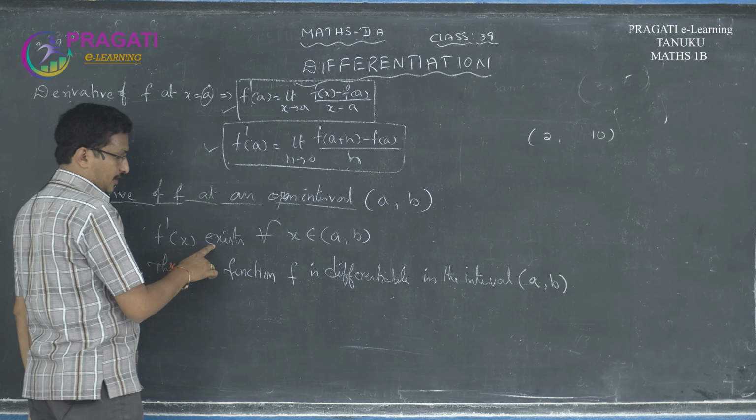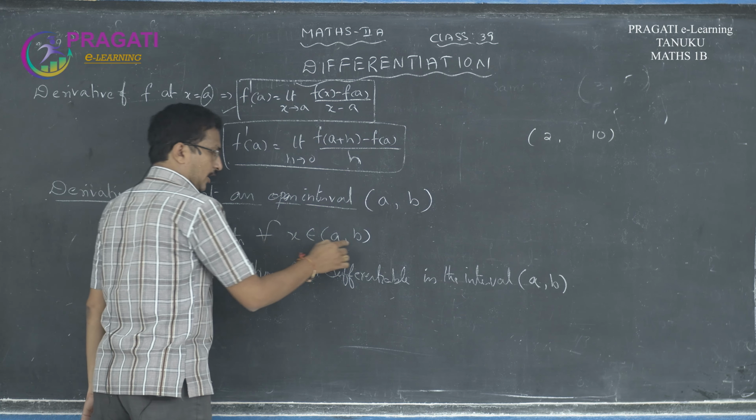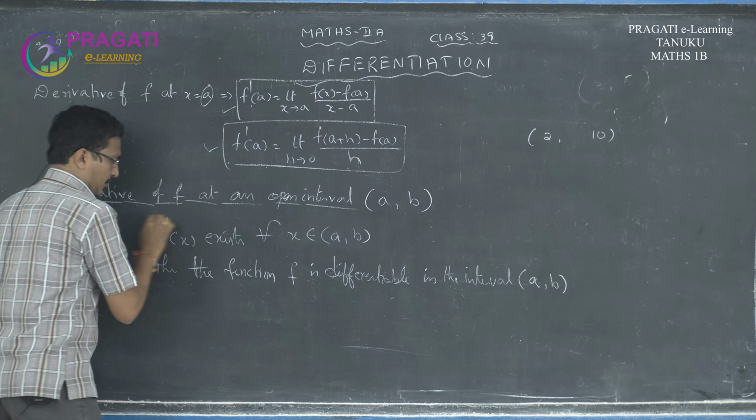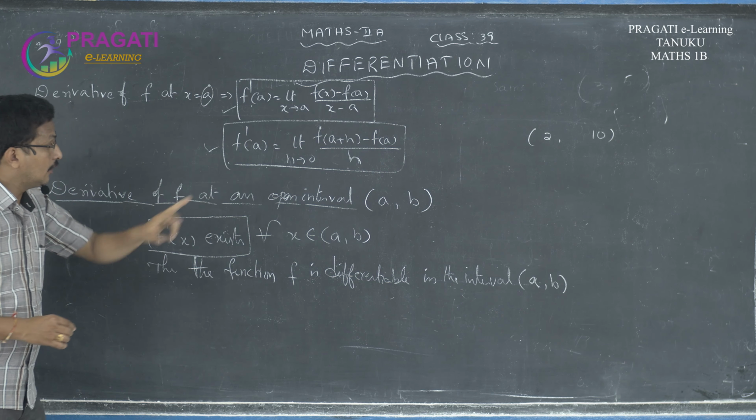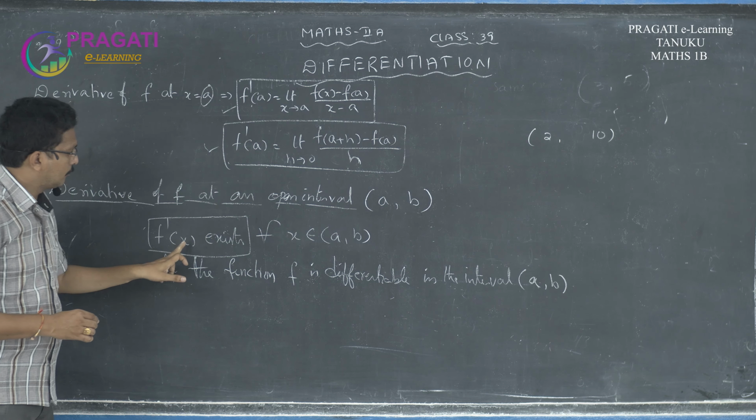f dash of x exists for all x belongs to (a, b). First of all, find f dash of x. Here f dash of a means limit h tends to 0, f of (a plus h) minus f of a, by h. We observe that. Here put a as x.